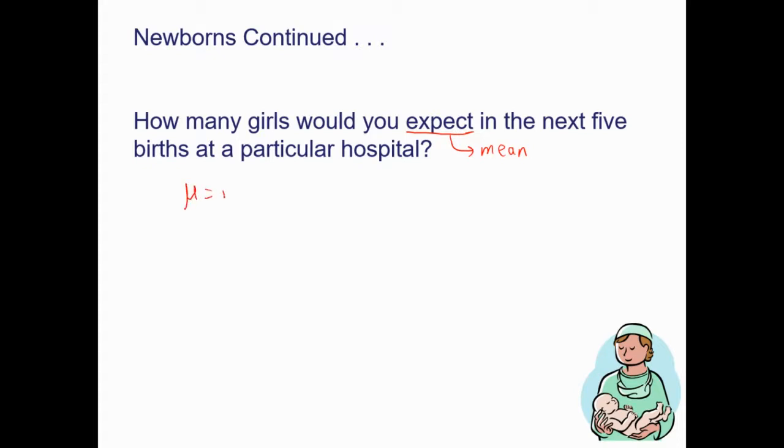What's our n in this case? 5. And what was our p from yesterday? 0.5. 5 times 0.5 is 2.5. So we can expect 2.5 girls.